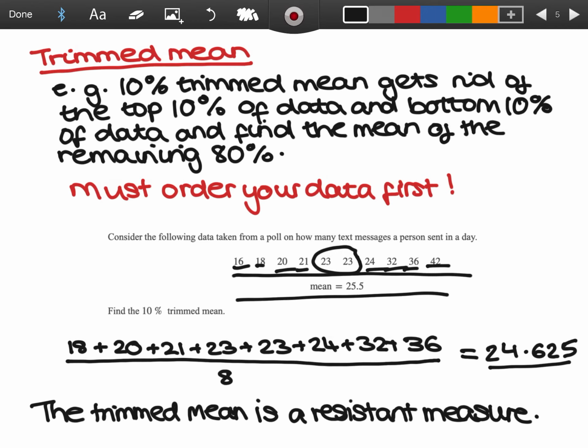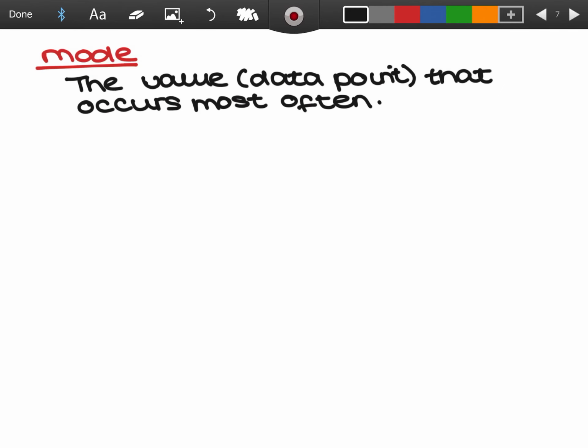Sometimes you can have more than one mode. So I can end up with a data set, I'll quickly come up with one. Let's say I had 1, 2, 3, 3, 4, 5, 5. Okay. I have 2 values that occur most often. I have 2 modes.